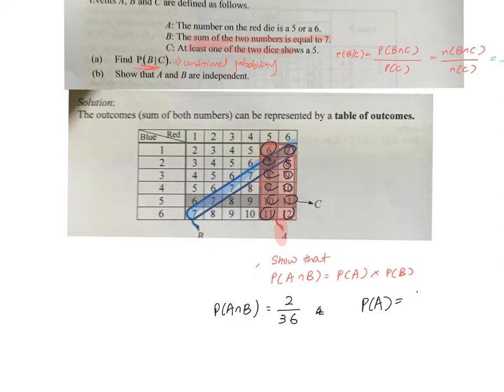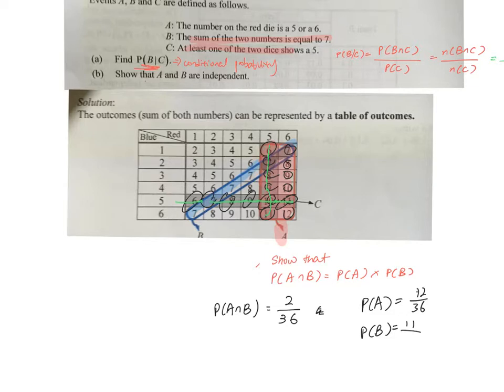And the probability of B is what we saw earlier, 1, 2, 3, 4, 5, 6, 11 out of 36, when the sum of the two dice is equal to 7.